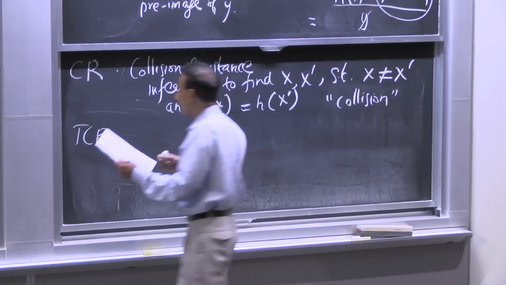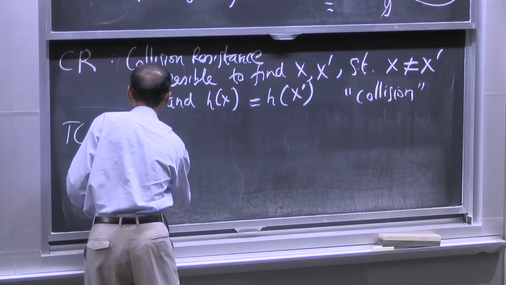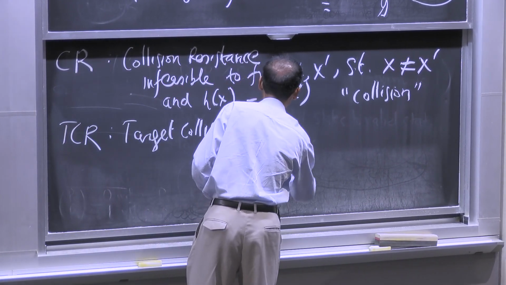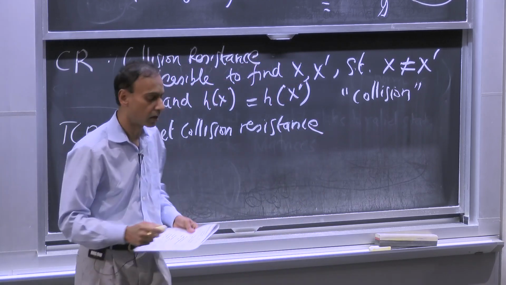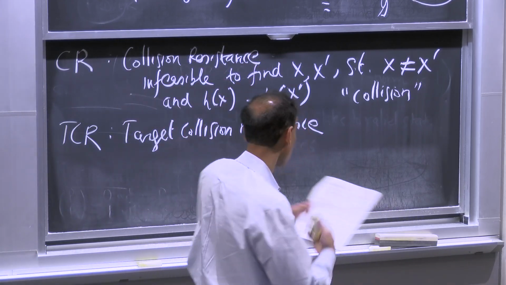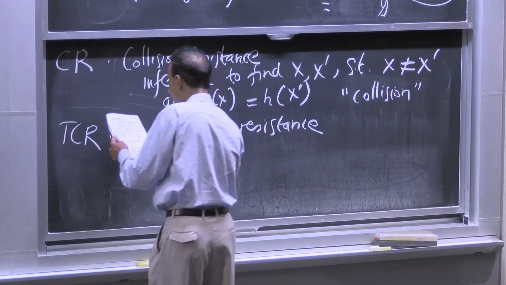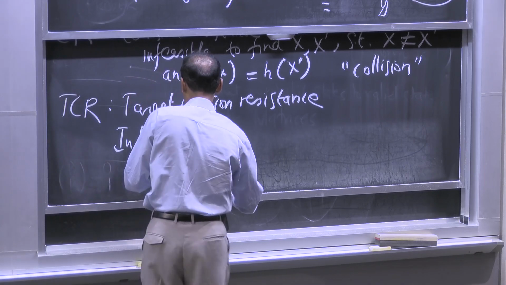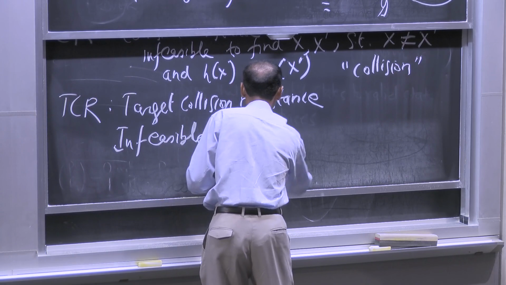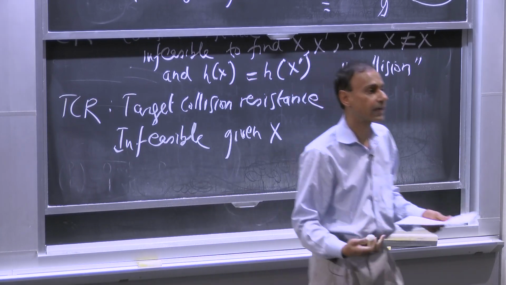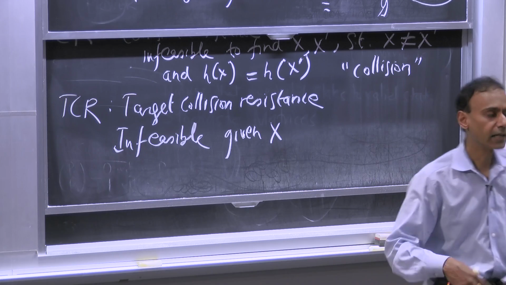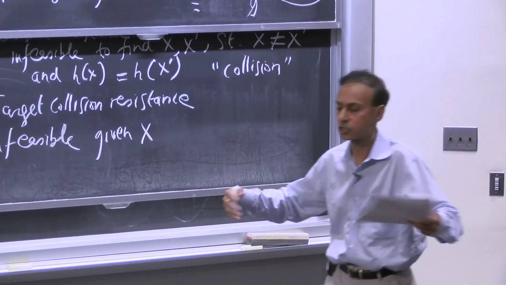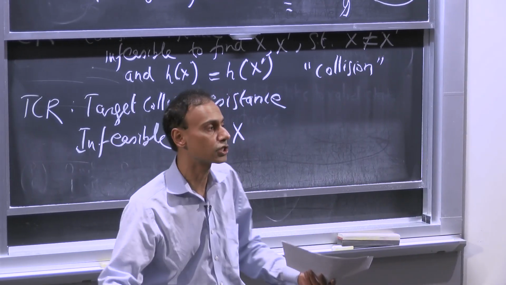And then there's TCR, target collision resistance. It's a weaker form, so sometimes people call CR strong collision resistance and TCR weak collision resistance. We'll use CR and TCR here. And this says it's infeasible, given X, so there's a specific X that you want to find a collision for, as opposed to just finding a pair X and X prime, where any pair would suffice to break the collision resistance property.